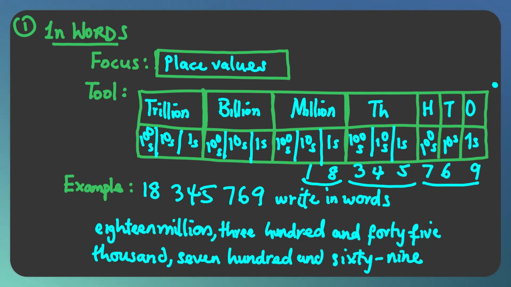And so this is how we are able to use our tool to place our digits in the specific place value and name the particular number in words.